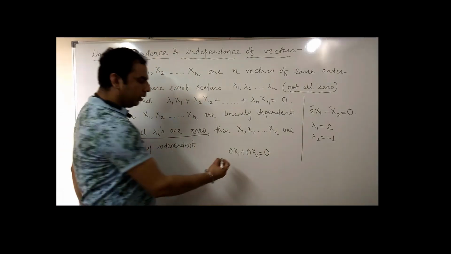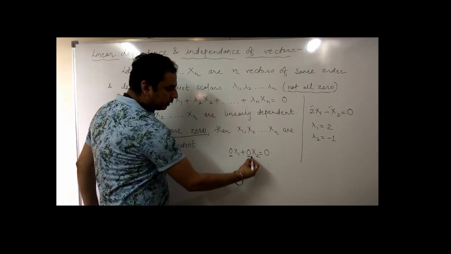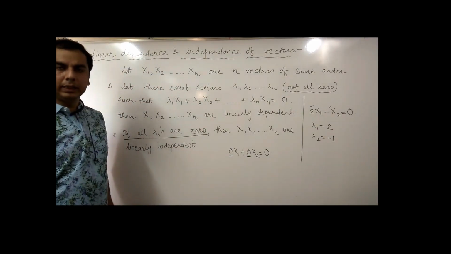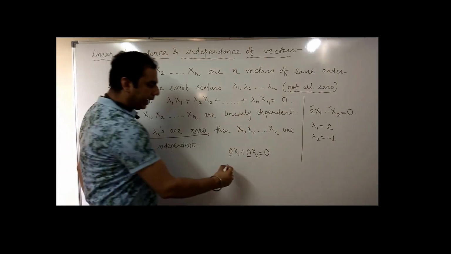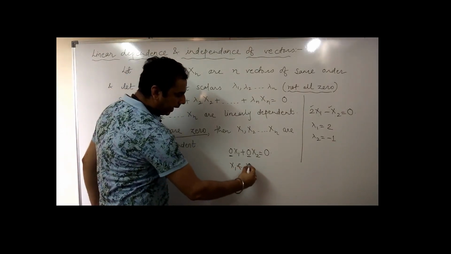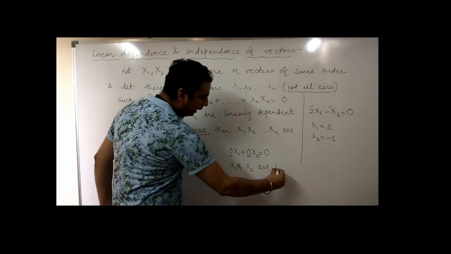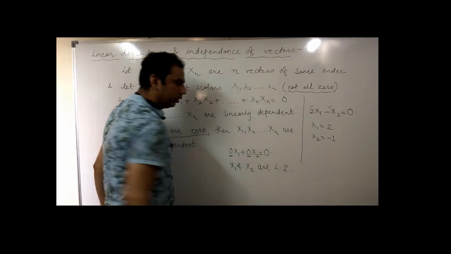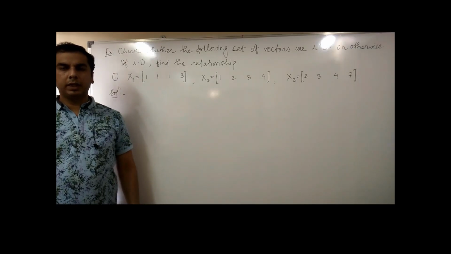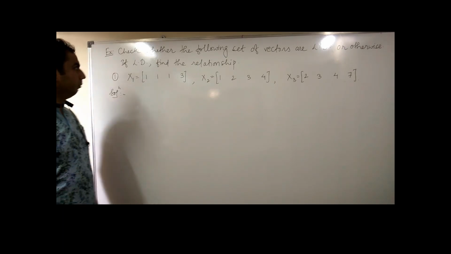But here both the scalars lambda 1 and lambda 2 are 0, and therefore x1 and x2 are linearly independent.